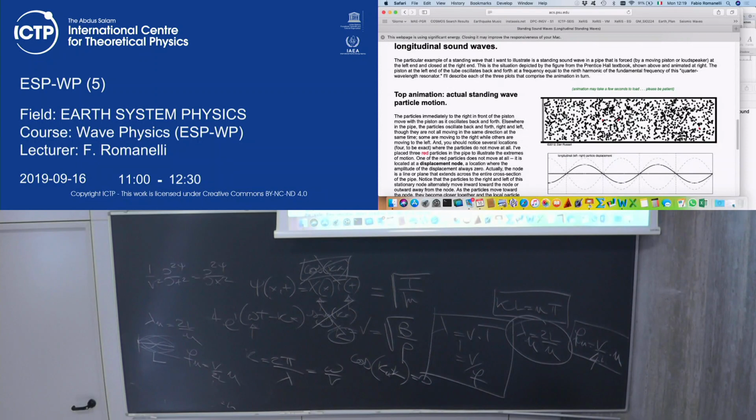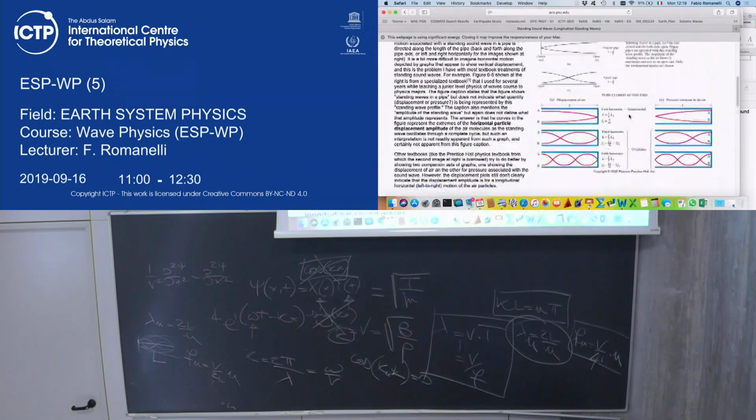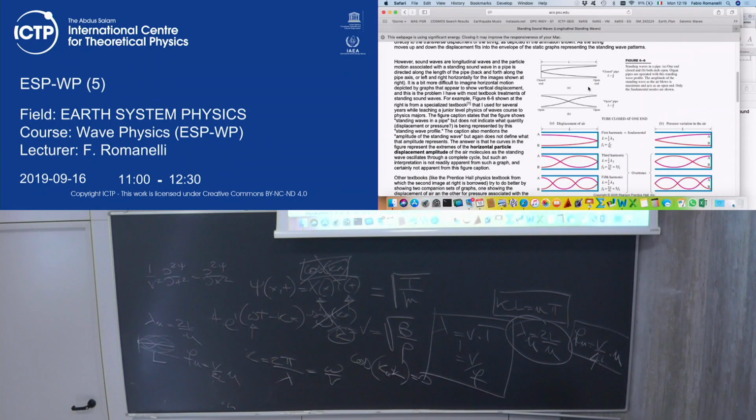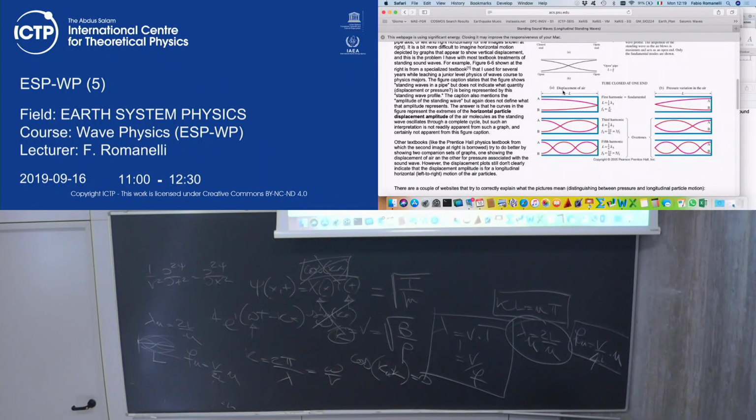Please do remember that for some waves, they have a tricky nature, but you can plot them in terms of displacement and pressure. You see displacement and pressure. They are complementary. As you know, since you developed beautifully your homework during the weekend, displacement and pressure, cosine, sine, and vice versa.